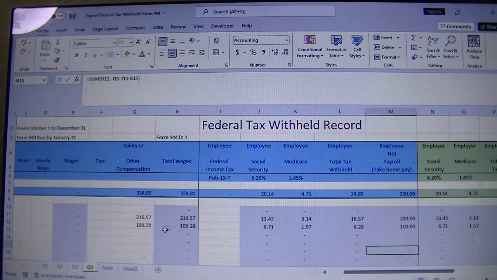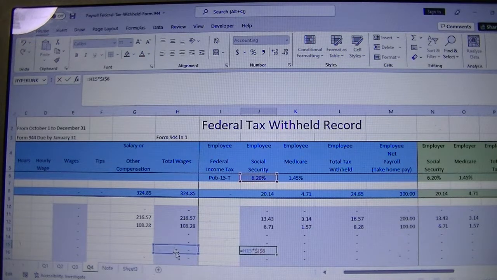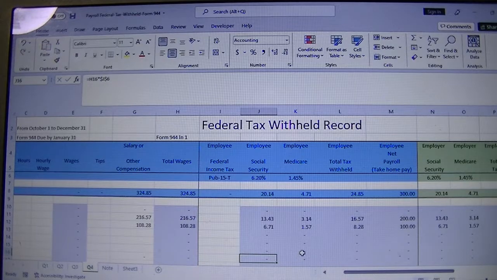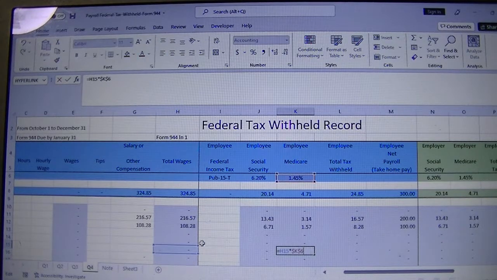Whatever the amount is, you might need to withhold federal income tax or not, but you must have withheld Social Security and Medicare. So there are formulas in this area. The formula is taking the amount you pay times 6.2%, and the Medicare portion is taking the amount you paid times 1.45%.